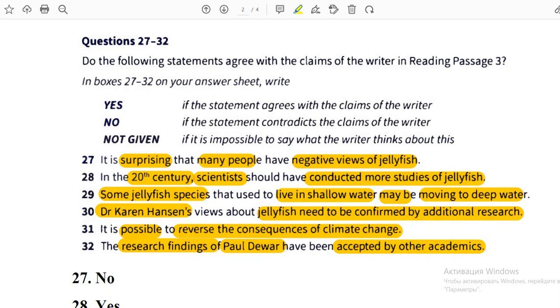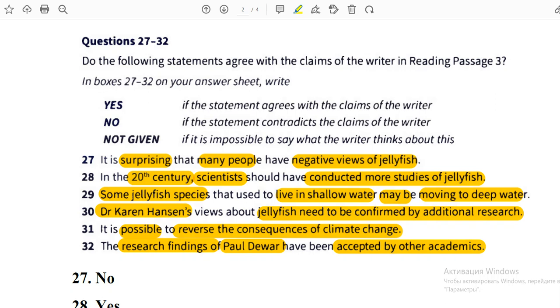Remember, it is the writer's views you need to check, not your own. Even not given questions will have a clear locating word, phrase, or even statement to help you find the relevant part of the passage. Let's get started, guys.